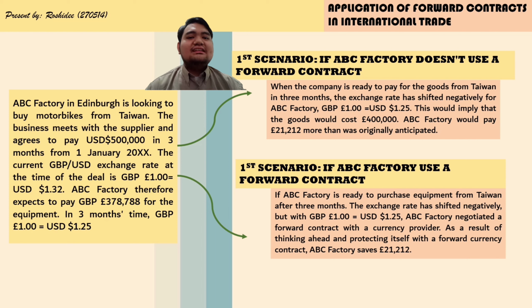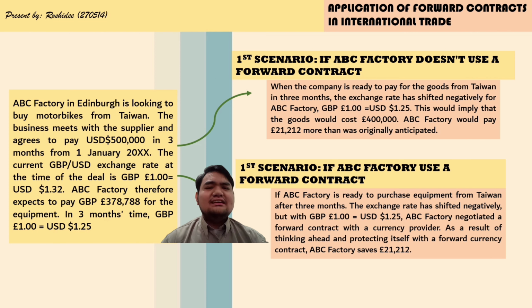This caused ABC factory to lose about 21,212 Great British pounds, because ABC factory needs to pay 400,000 compared to the budget that had been set, which is 378,788 Great British pounds.